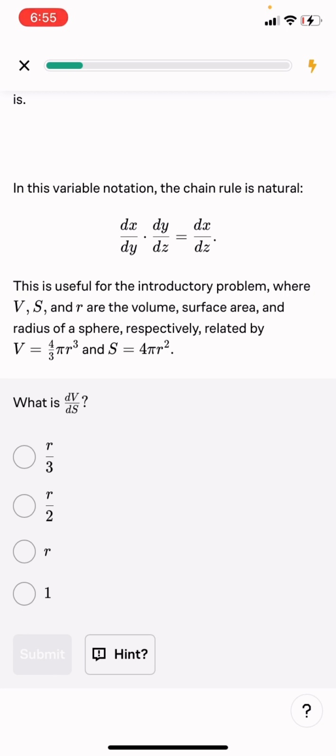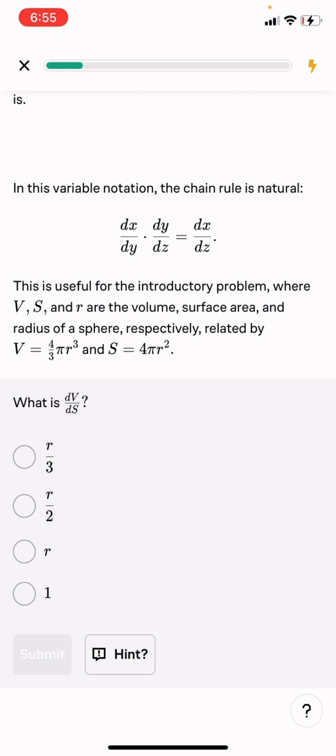Okay. This is useful for the introductory problem where V, S, and R are the volume, surface area, and radius of a sphere, respectively, related by volume equals 4 over 3 pi radius cubed, and S equals 4 pi radius squared.